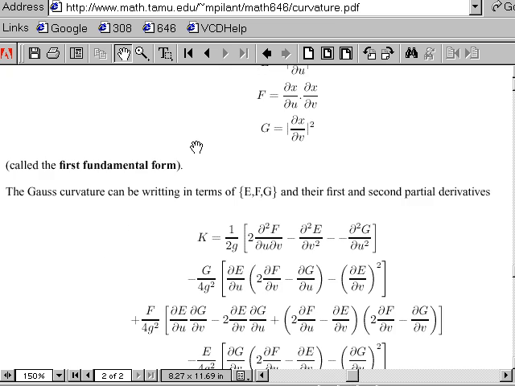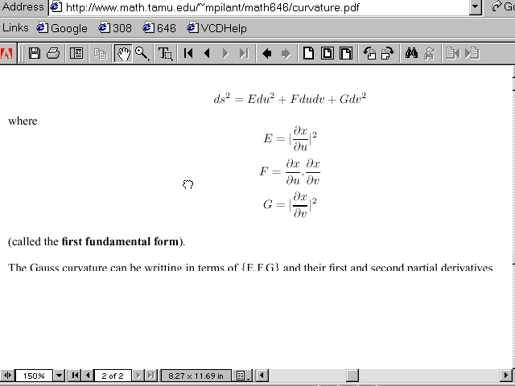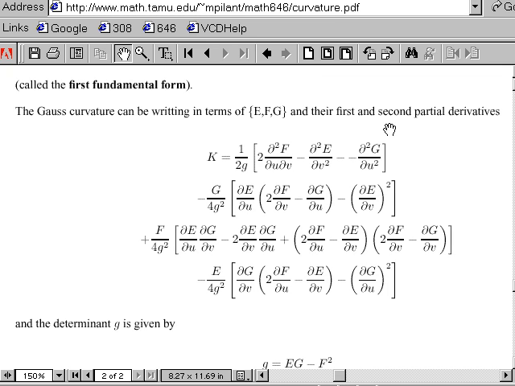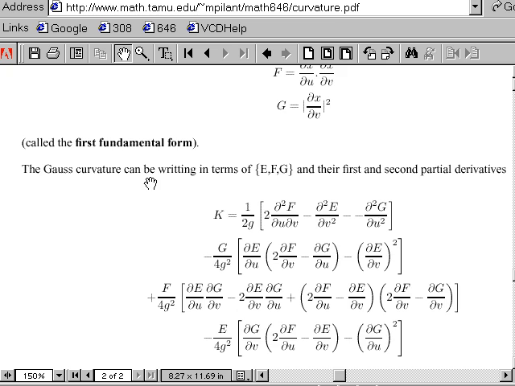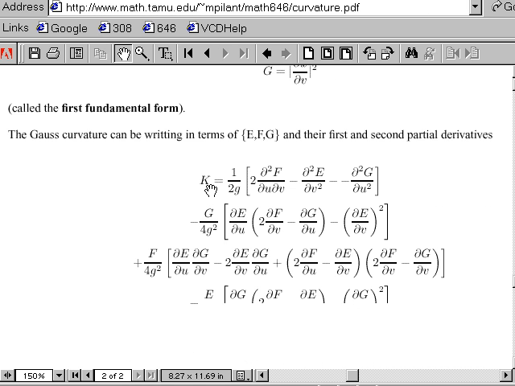Now it turns out that that doesn't depend on how you embed this surface in 3 dimensions, so you don't need x, y, and z coordinates, you just need these coordinates here. So the point of this is that as soon as you define this metric, this way of measuring length on a surface, you essentially can calculate the local curvature of that surface.